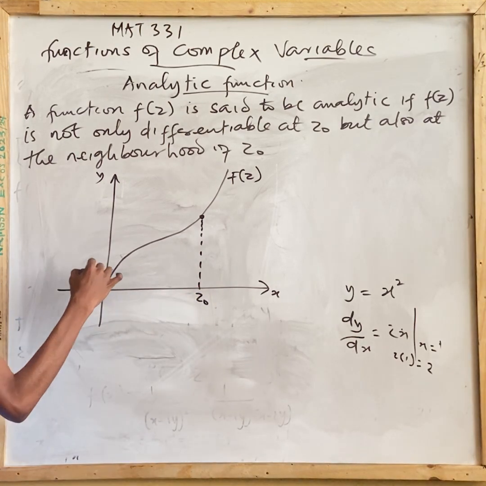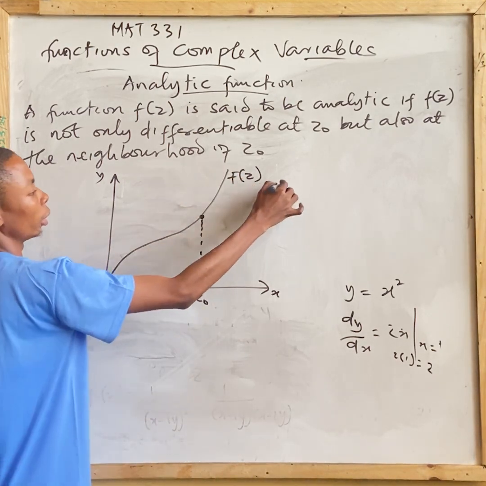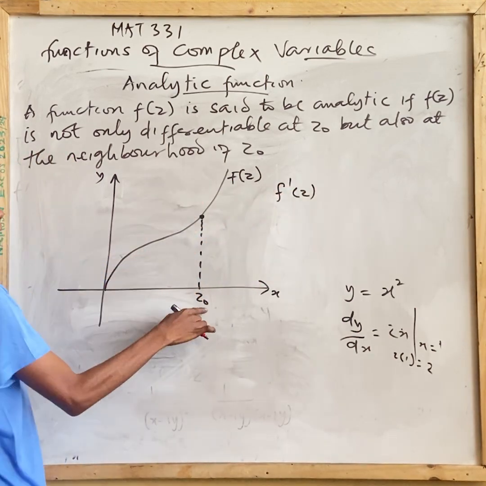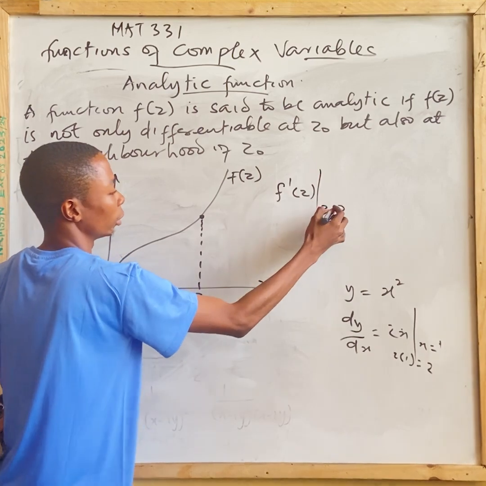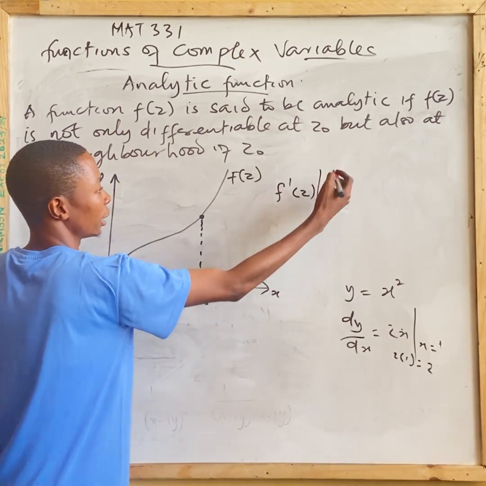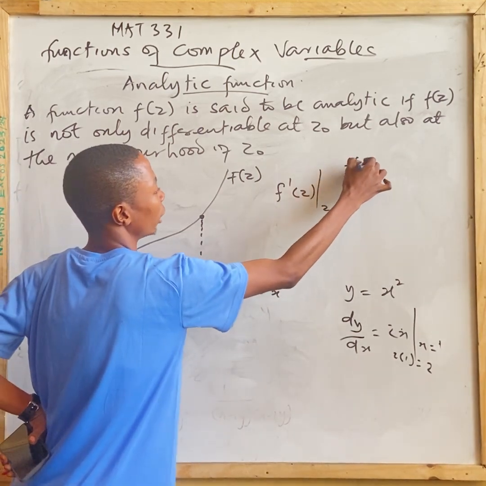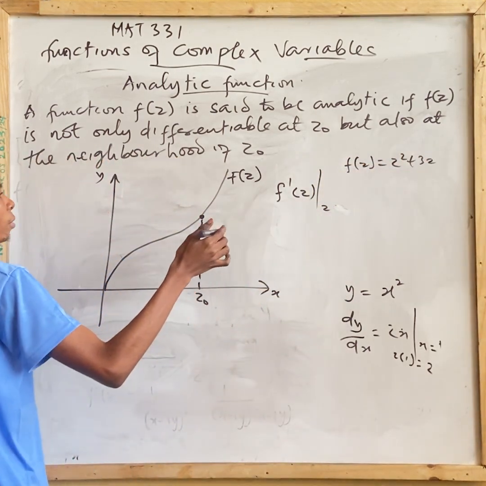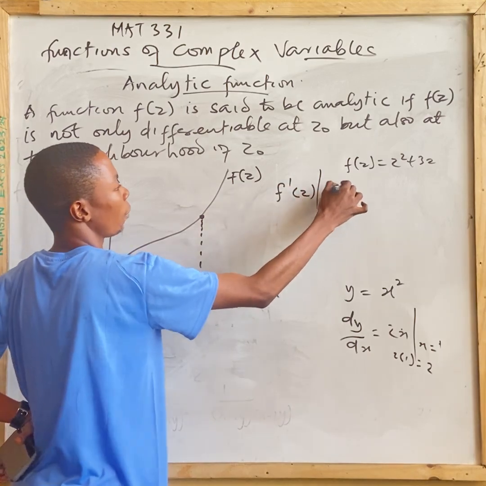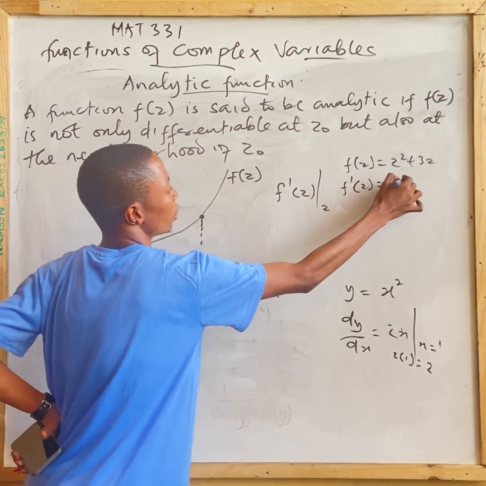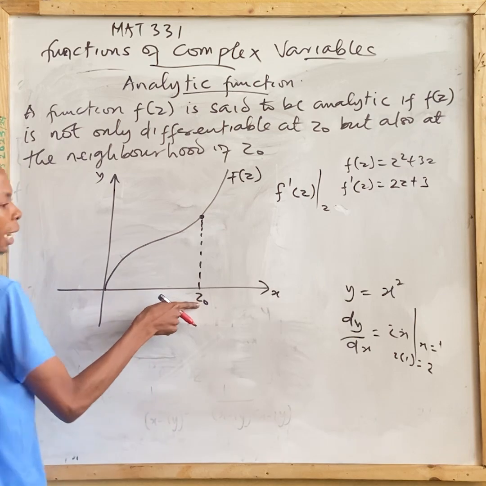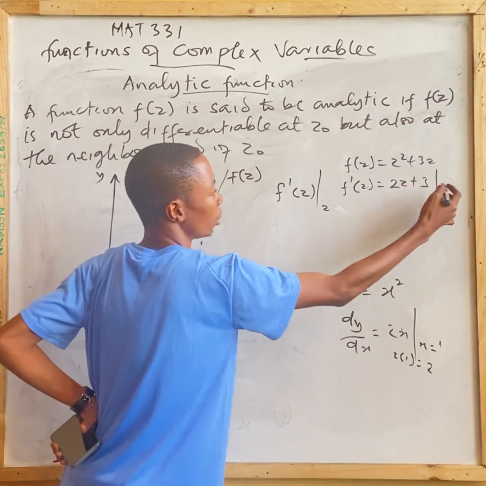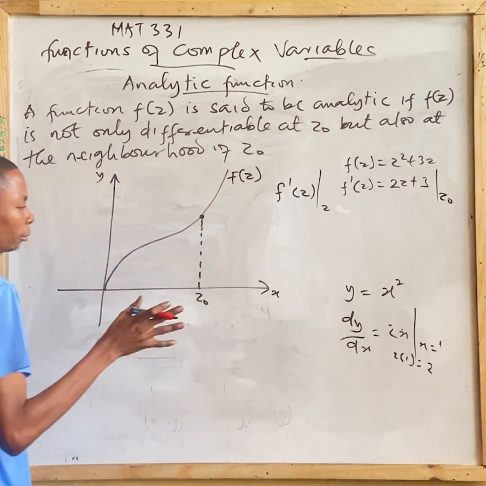And then I differentiate this function, f prime of z, at z naught. Let's say my f of z is z squared plus 3z. Let's just assume that this is our f of z. And I differentiate it, f prime of z. That will be 2z plus 3. I now put z naught. Z naught is a particular point along the x-axis. Okay, I get an answer.